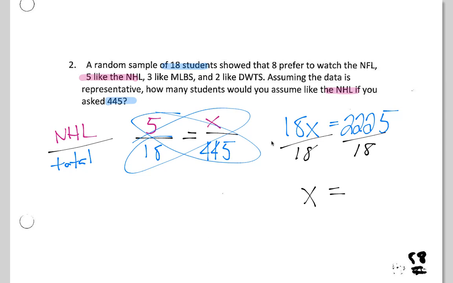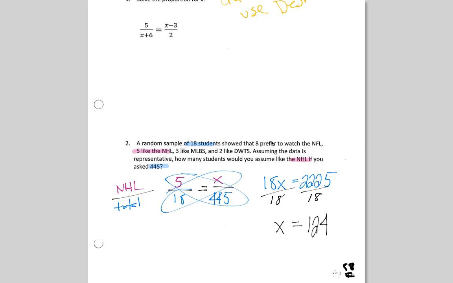So x is about 124. That gets rounded up there. And I think there's a problem like that in the homework quiz today.